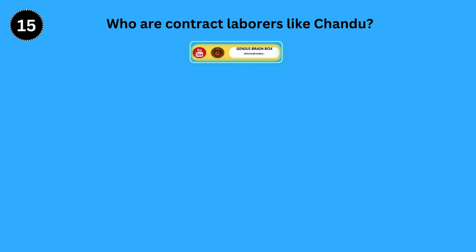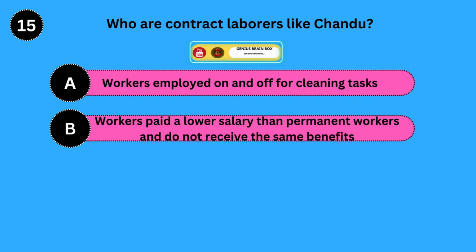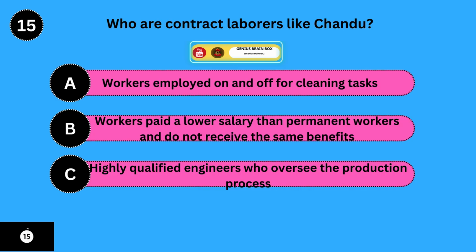Who are contract laborers like Chandu? Option A. Workers employed on and off for cleaning tasks. Option B. Workers paid a lower salary than permanent workers and do not receive the same benefits. Option C. Highly qualified engineers who oversee the production process.